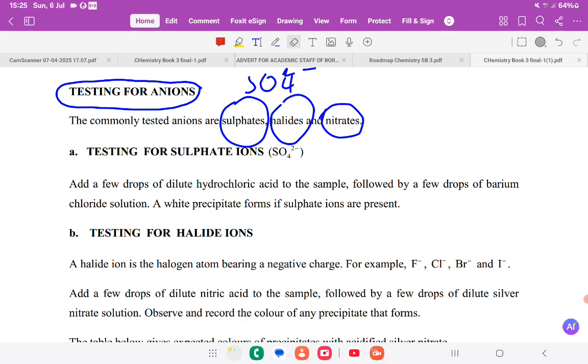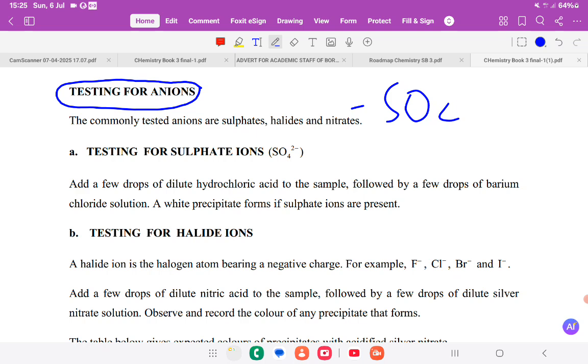Let me scribble this down here. A sulfate is SO4 2-. It's found in solutions such as magnesium sulfate, potassium sulfate, and other sulfates.